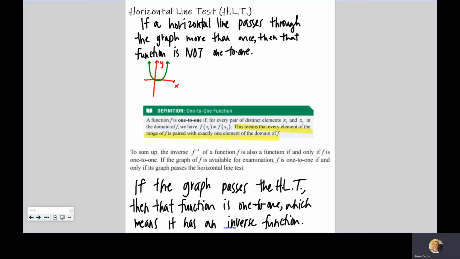All right, so if the graph passes the horizontal line test, then that function is 1 to 1, which means that that function has an inverse function.